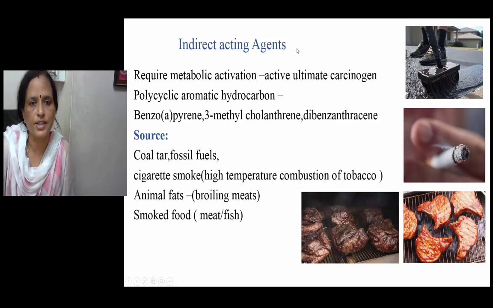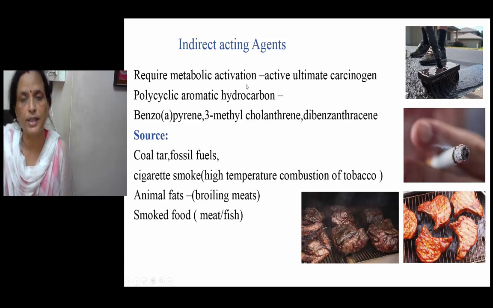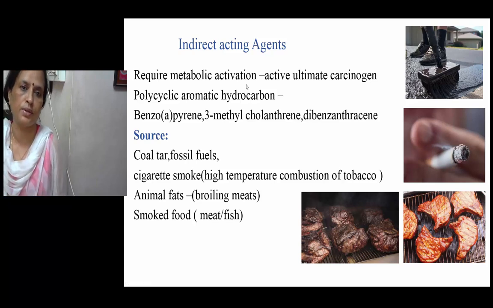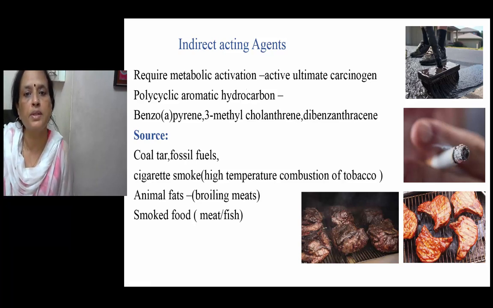Now the indirect acting carcinogens. Why are they called indirect acting? Because they require metabolic activation. They need to be converted into an ultimate carcinogen. An example is polycyclic aromatic hydrocarbons.